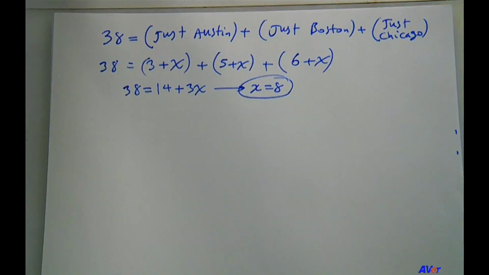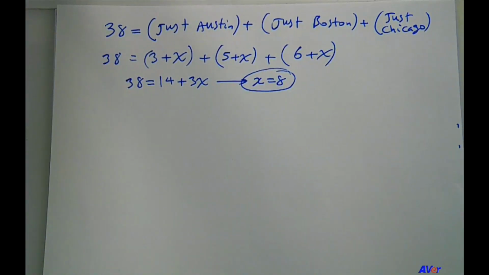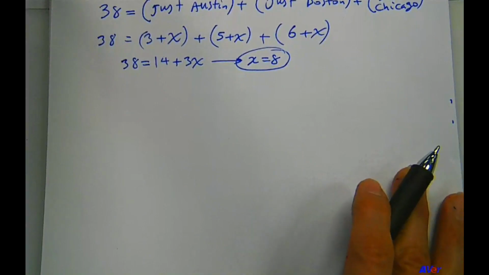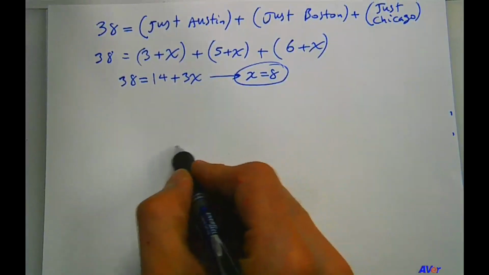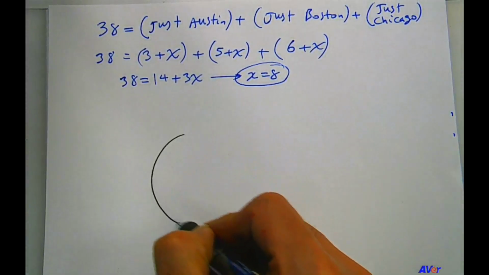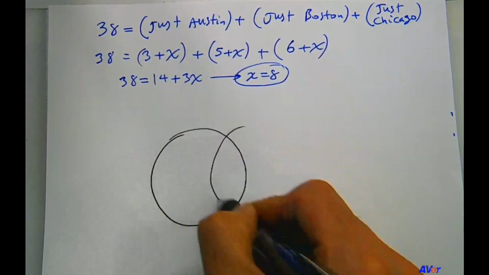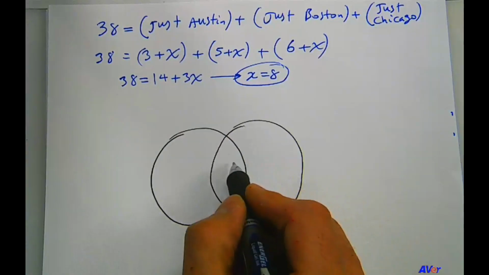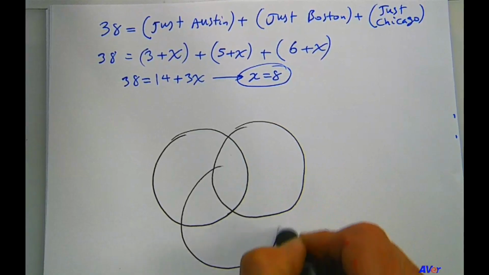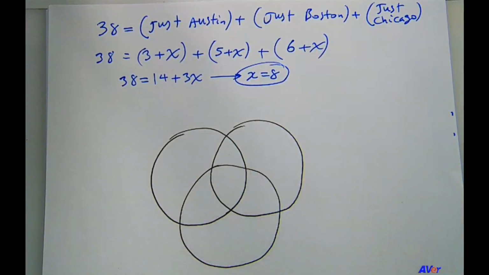Okay, so now that we know x, we can go back and draw our Venn diagram. So let's do that. So here are the 3 circles again. Like that.